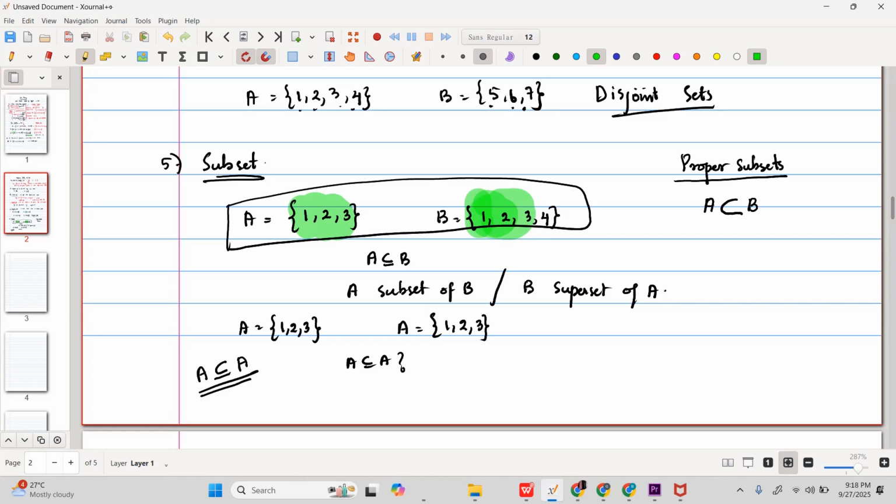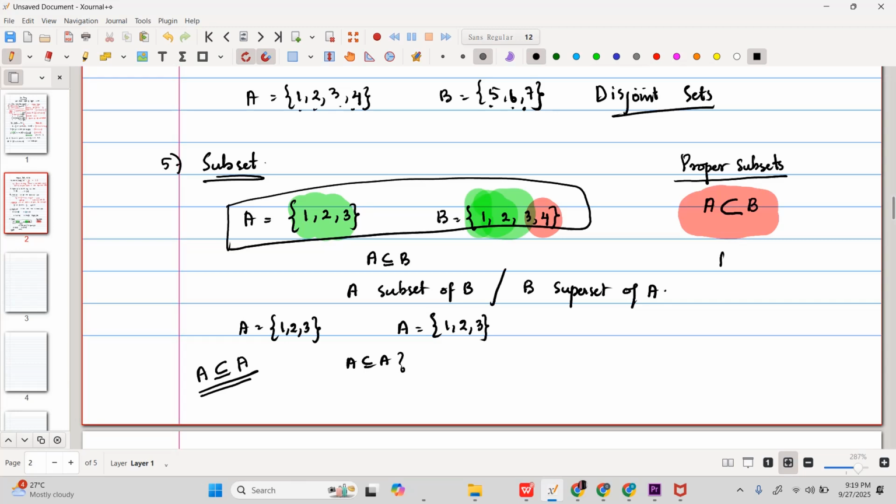But B has one more element than A, which is 4, which does not belong to A. So if B contains all the elements of A and one or two or more elements than A, then we will say that A is a proper subset of B.